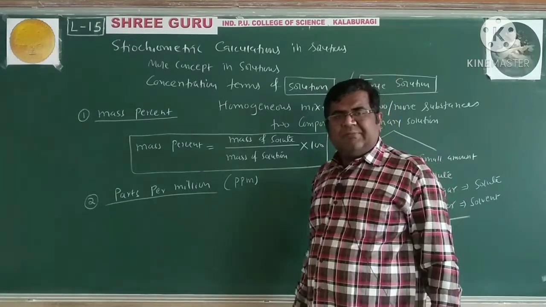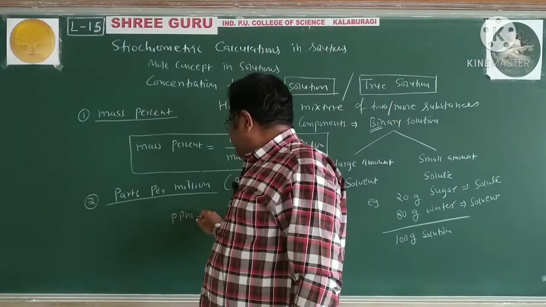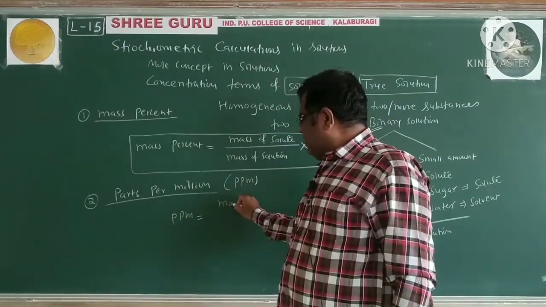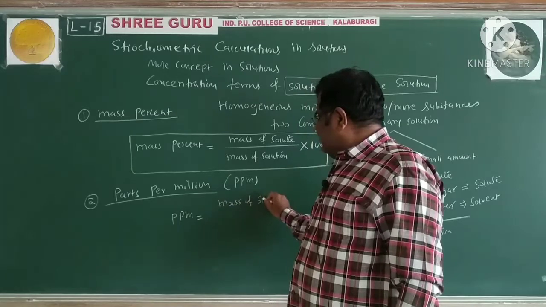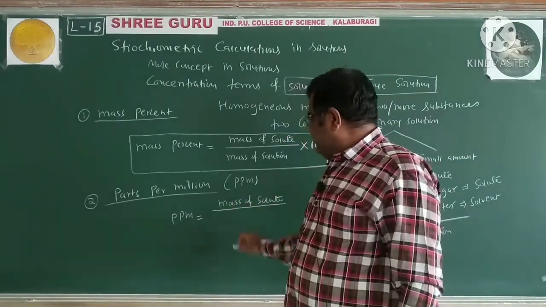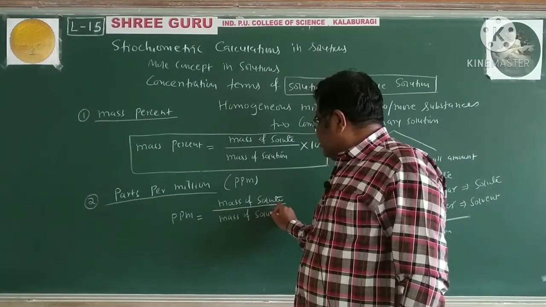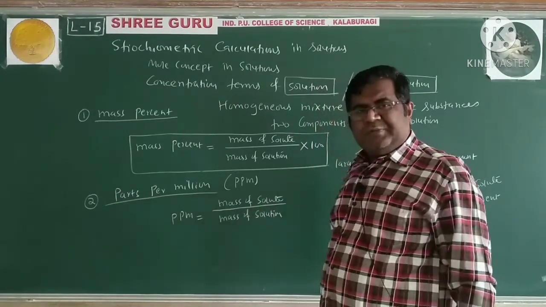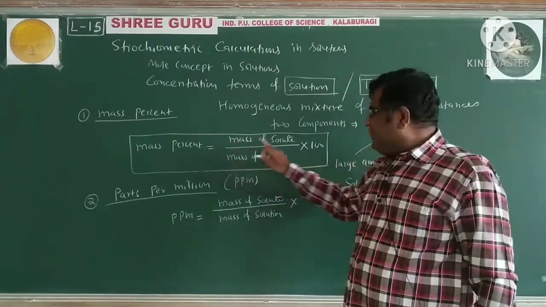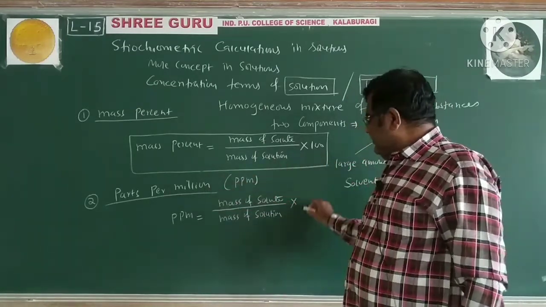We can say ppm is equal to, see the similarity in formula, mass of solute divided by mass of solution. This ratio remains the same, but as it was percent, it was 100, and as it is million, it is 10⁻⁶.